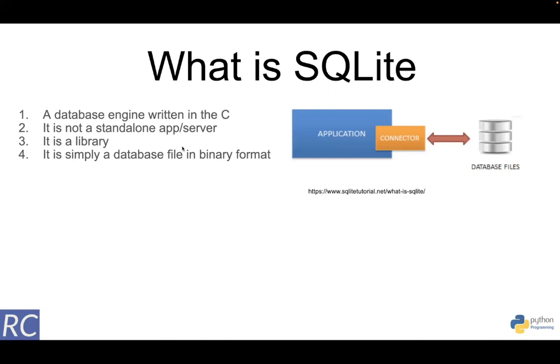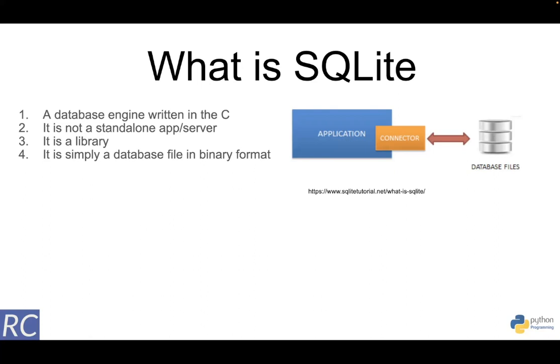So let's move on to the next item, which is that it's a simple database file in a binary format. So yes, it's a file-based database, but the data in the file is in binary format. If you happen to open the file in an editor, you'll see that it's all gibberish. We can't really read the content of the file because it's in binary format. On the right side of the picture, as you can see, the application has a connector connecting to the database file.